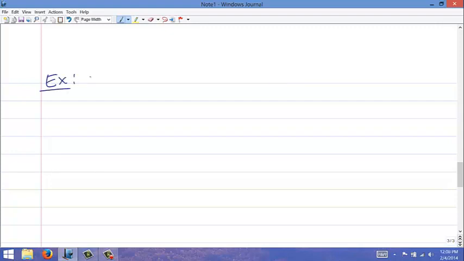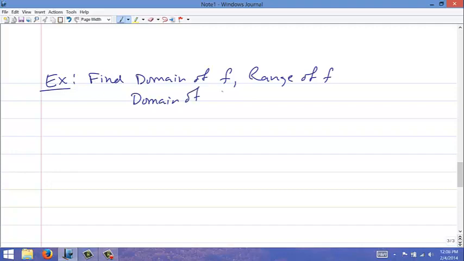What we're going to do is find the domain of f, the range of f, the domain of f inverse, the range of f inverse, and the formula for f inverse.